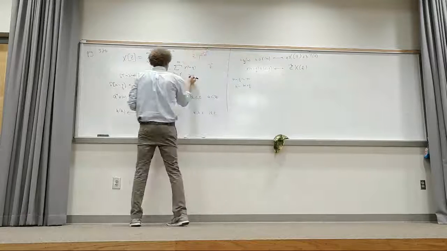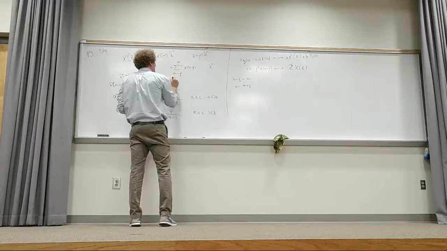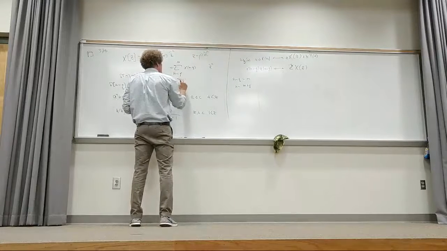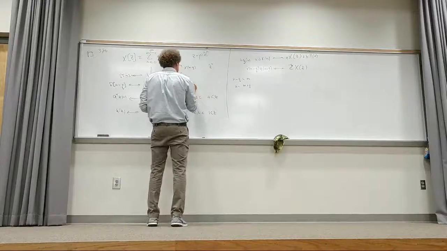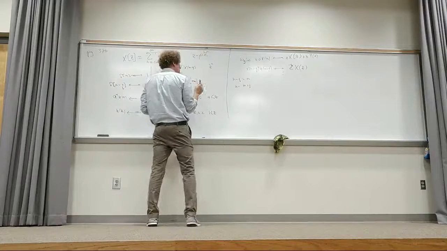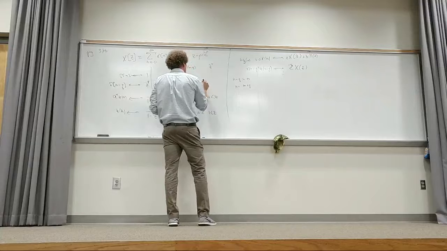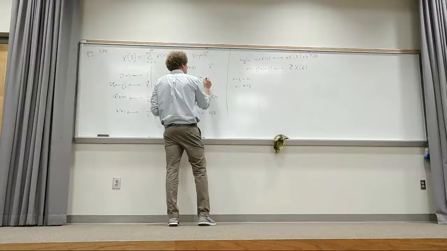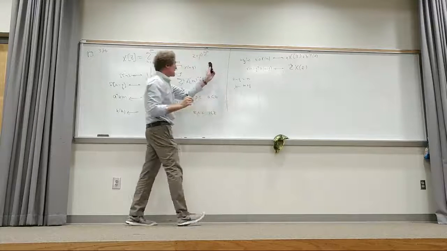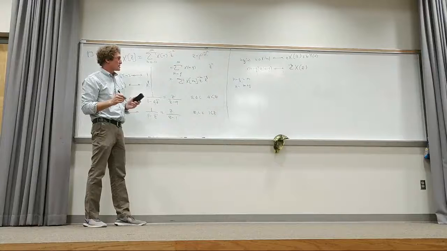So when I have this transform right here, it's equal to the summation now of x of m and z to the minus n, or z to the minus m times z to the minus q. I put n here and replaced n by m plus q.